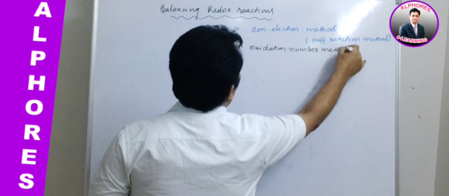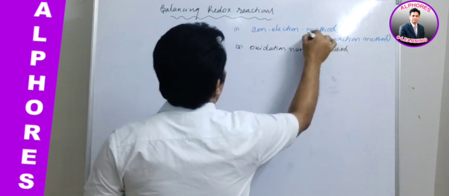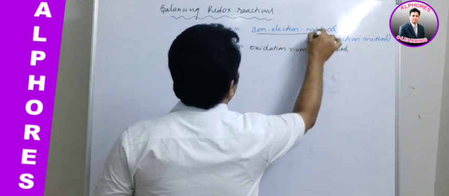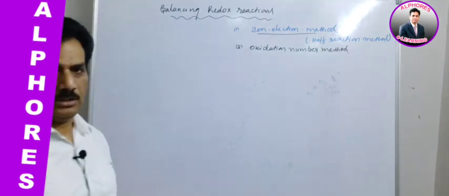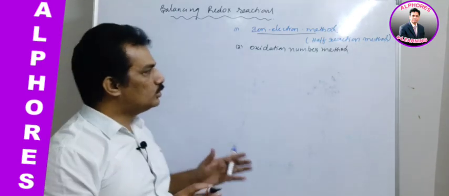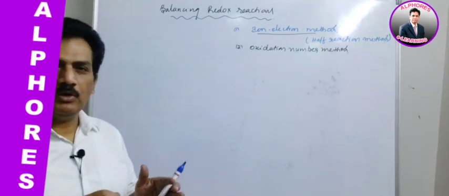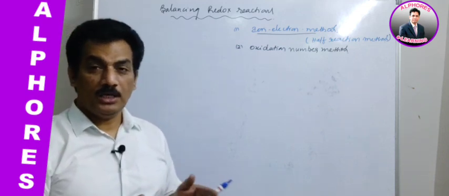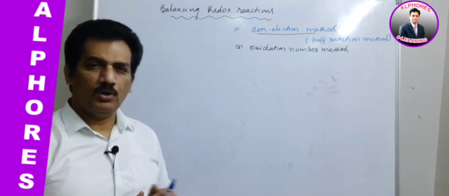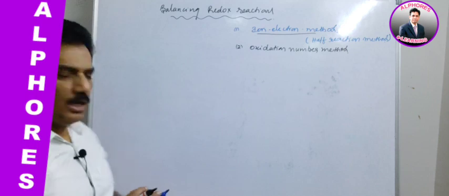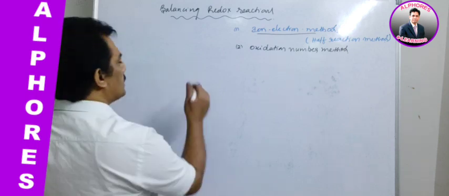These are the two methods. And in this session, we are learning about the rules related to the ion electron method. Let me explain those rules by taking one suitable example. Thereby you can easily understand what is going on in that, is it not? Let me give the example like this.